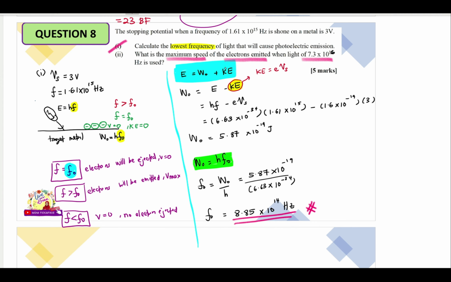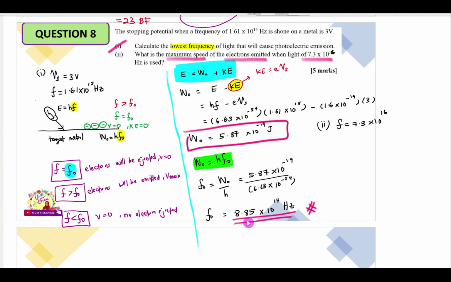Okay, so kita dah dapatkan the work function dekat sini. So untuk jawab soalan yang kedua, buat kat tepi ni je lah. Frekuensi yang kita nak pakai 7.3 times 10 power of 16. Kalau kita gunakan the incident light ataupun the frequency of the photon, kita pakai frekuensi dia sama dengan threshold frekuensi ni, 8.85 exponent 14 Hertz. Frekuensi yang kita pakai tu sama dengan threshold frekuensi of the target metal.